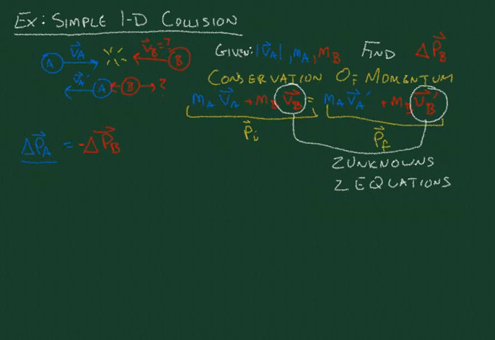Well, that's easy, right? Because the change in momentum is just mass A times VA prime, its final velocity, minus its initial. Remember, the final velocity is the one that's positive because this is its momentum now, and then we're subtracting what it was before, right? Well, these are just vectors.